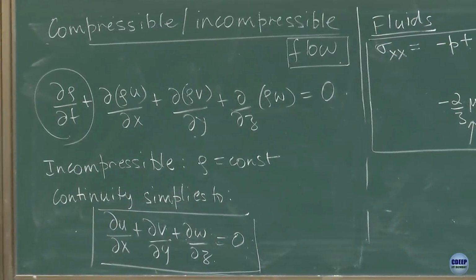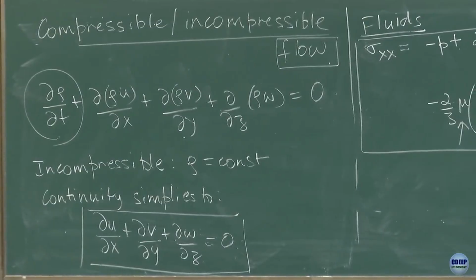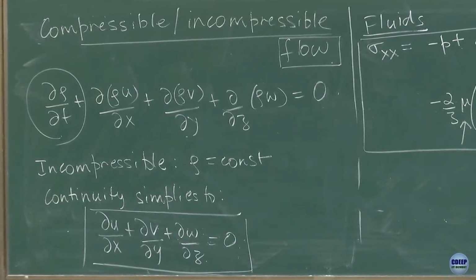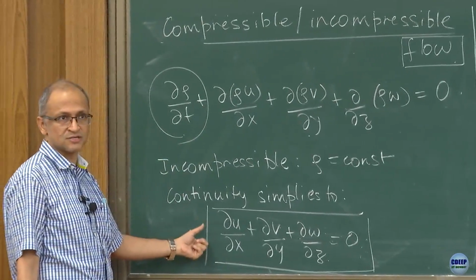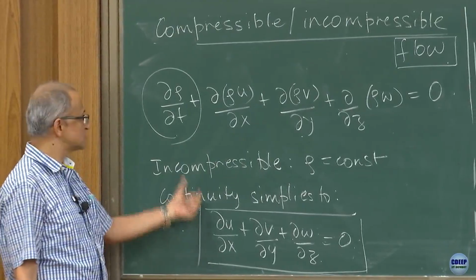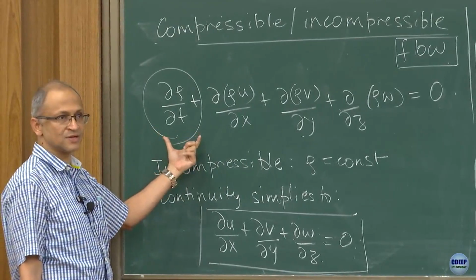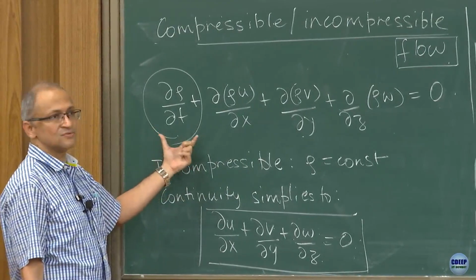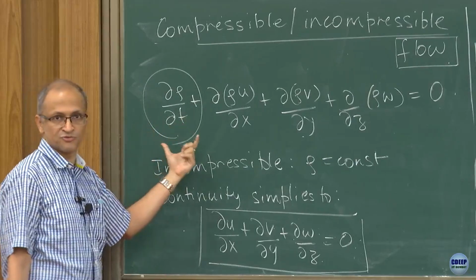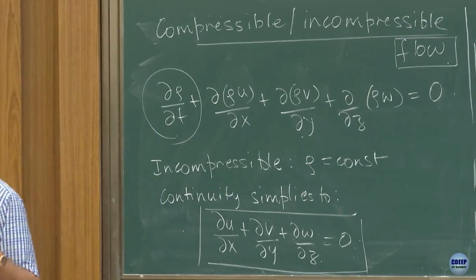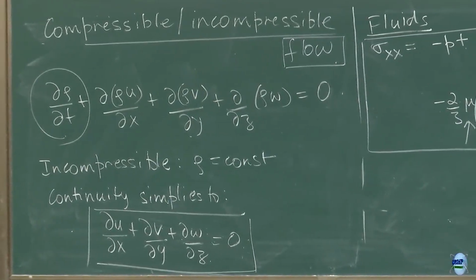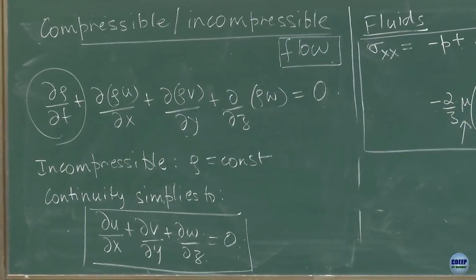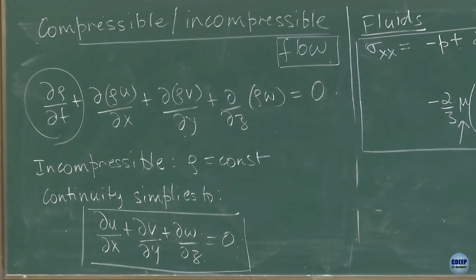If you have a highly oscillating flow, your density may not be constant, this term may not be 0, and the flow will not necessarily satisfy this condition. So this is one condition where this term cannot be removed. High frequency flows can have very low velocities, but can still become compressible.